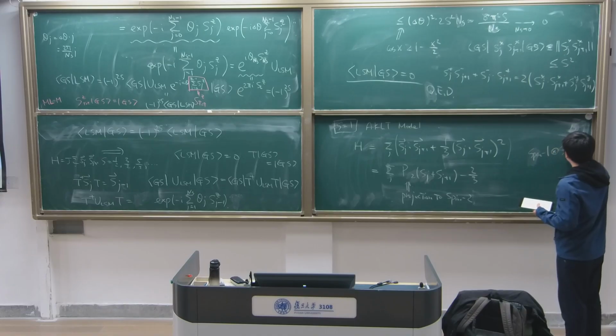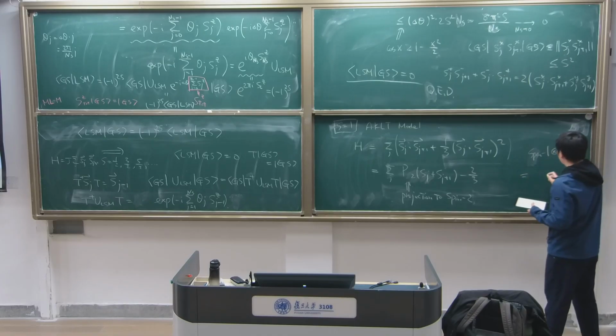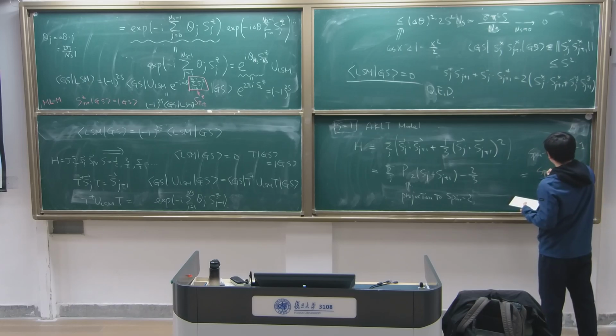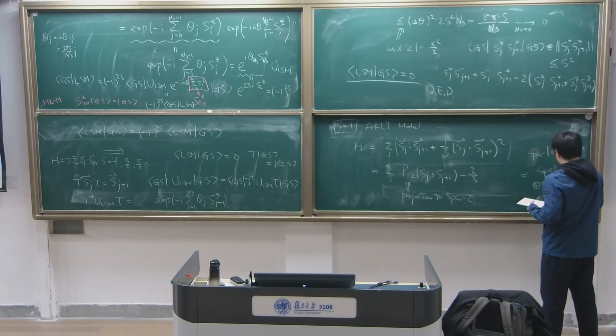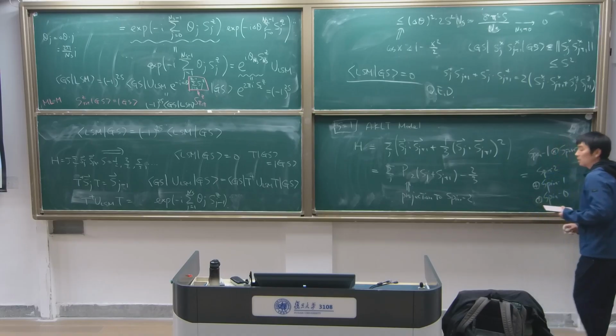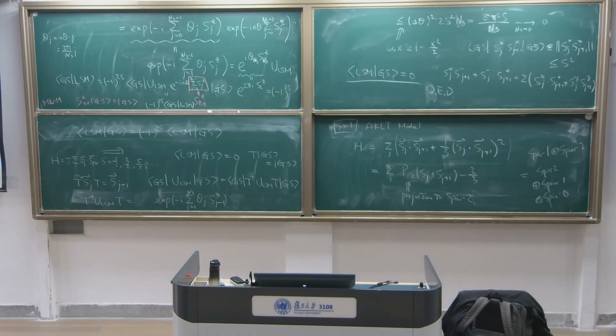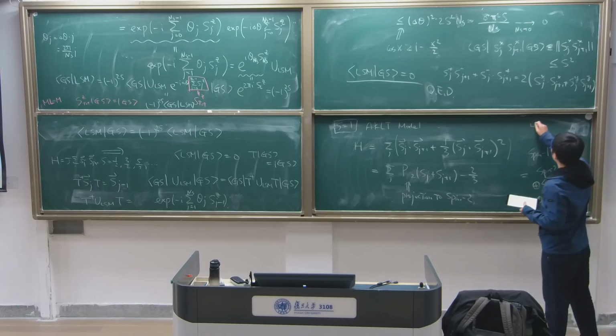If you take the tensor product of spin 1 and spin 1, you have the decomposition into a spin 2 state plus a spin 1 state plus a spin 0 state. That's the case. Often people just write it down this way.